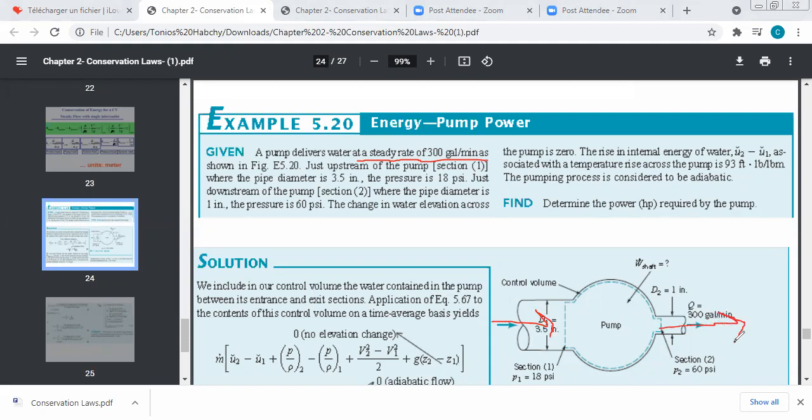So I can just say now that the energy provided to my system is Q dot minus W dot. And when I put minus here, what is the convention? Everything that I put on my system is a negative work.